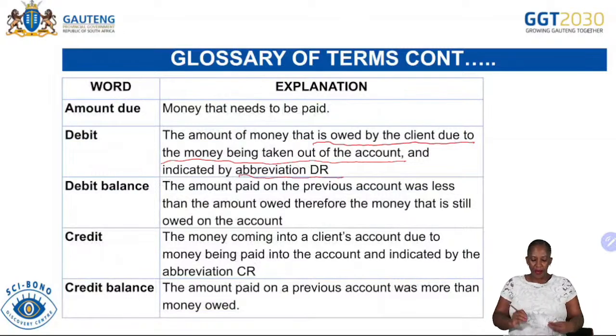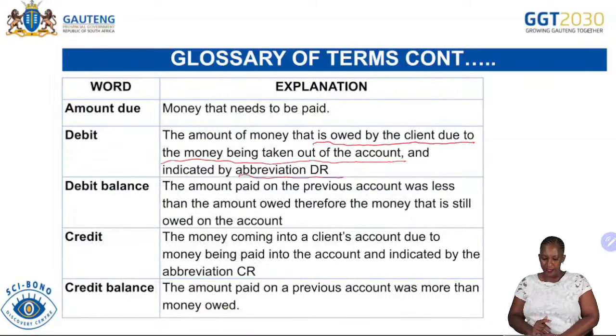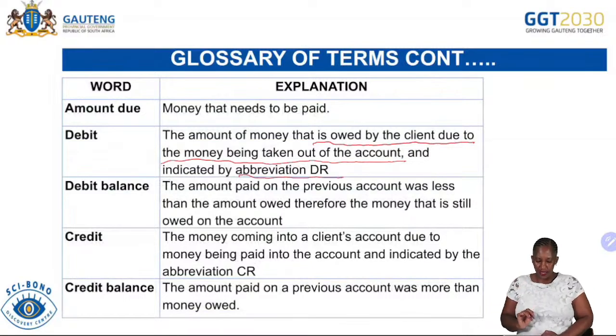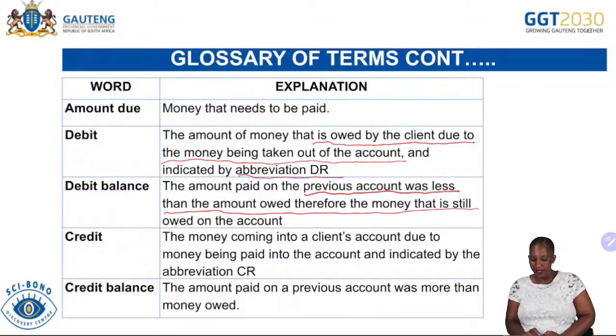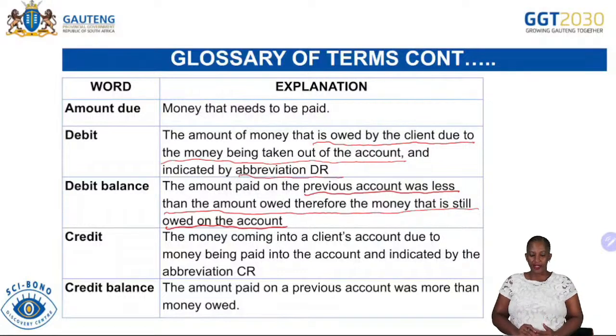And then a debit balance. What is a debit balance? With a debit balance, boys and girls, the amount paid on the previous account was less than the amount owed. Therefore, the money that is still owed on the account. So it means, boys and girls, in simple terms, you are supposed to pay 500 rand on your account.